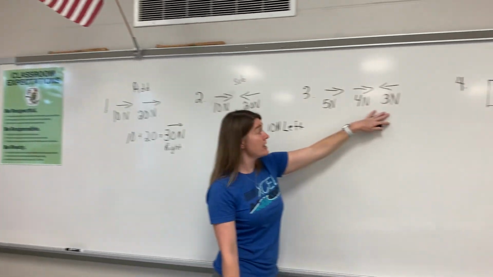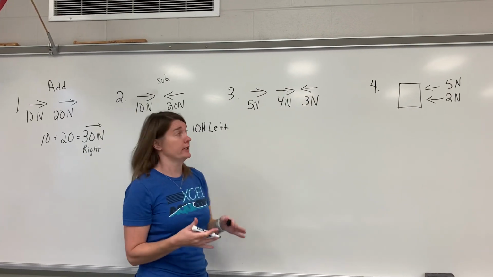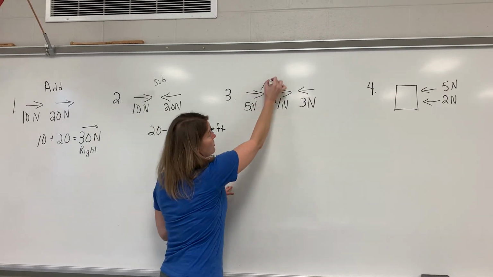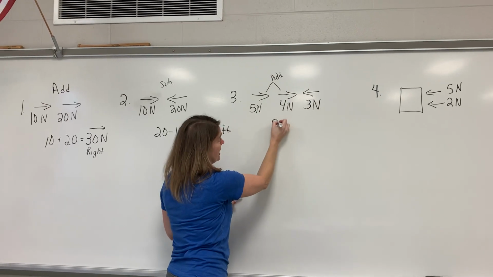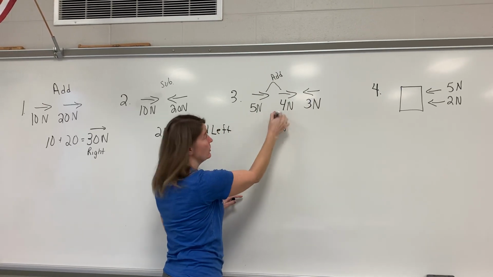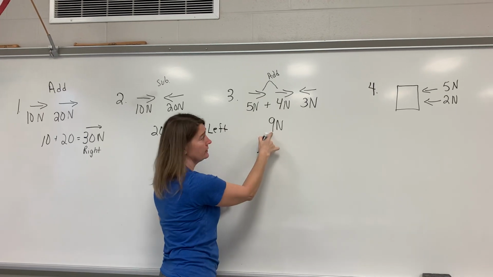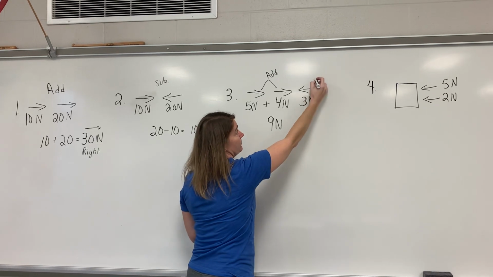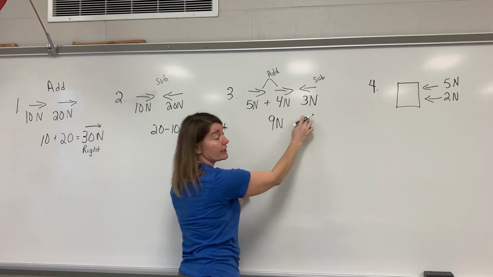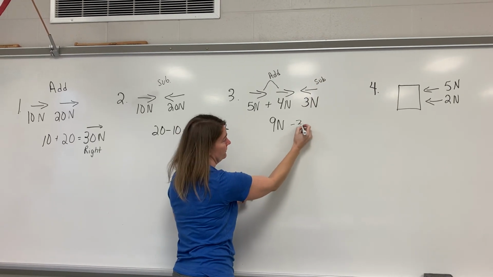And then number 3, now say you have multiple forces. You will add the ones that are the same, and then you get 9, because 5 plus 4 is 9. Now this one goes the opposite way. You subtract the 3 from the 9.